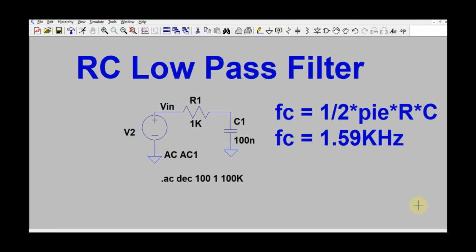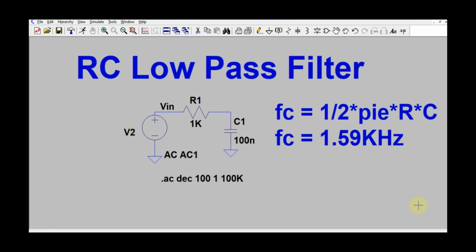I will run the simulation and show you the plot between gain and frequency, and the plot between phase and frequency. So this is going to be a very interesting topic today.